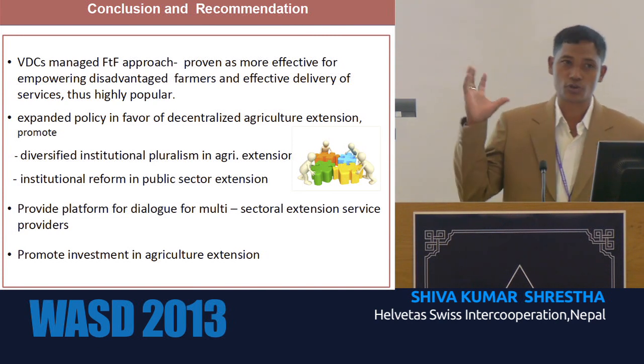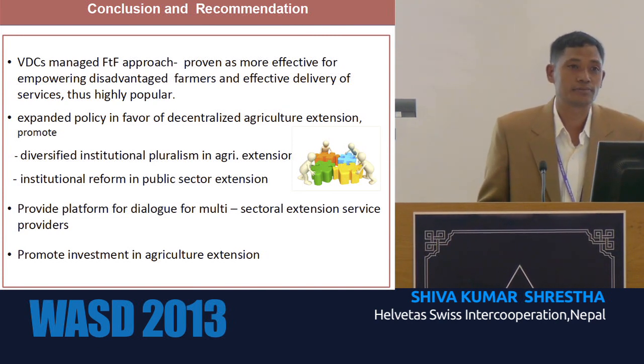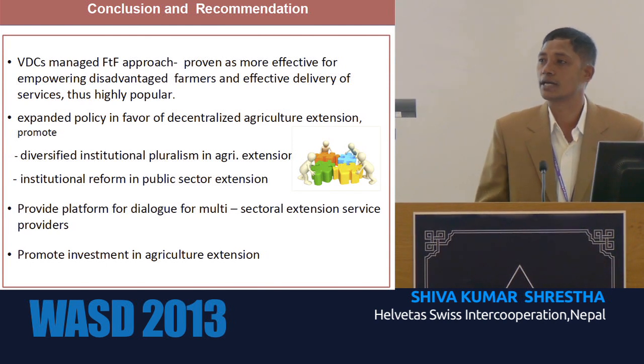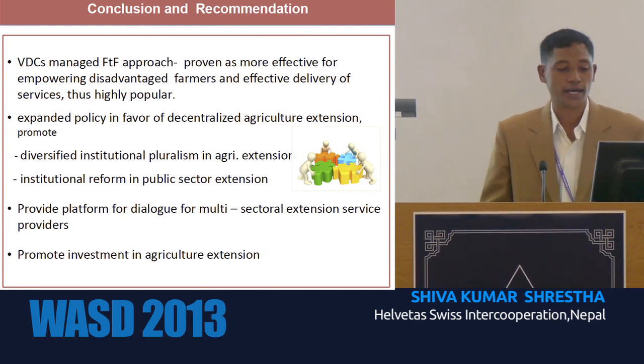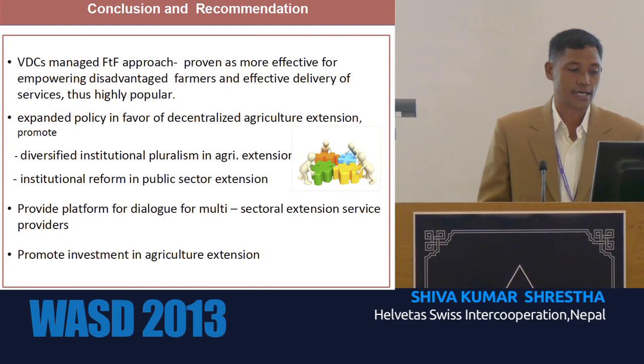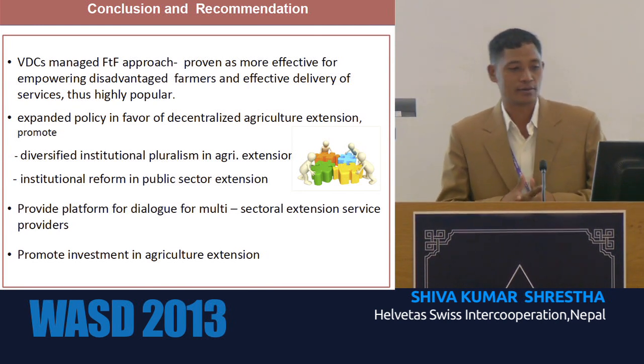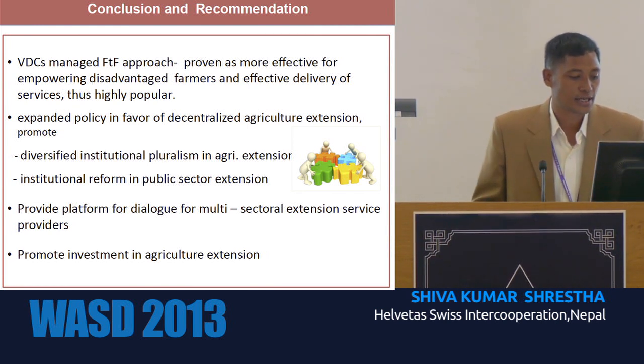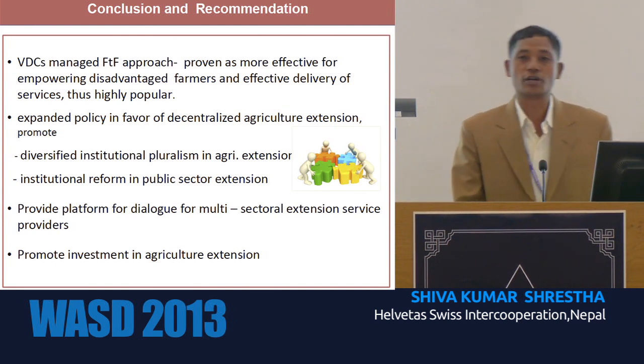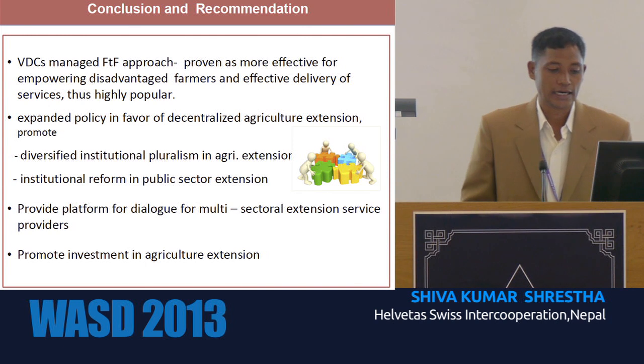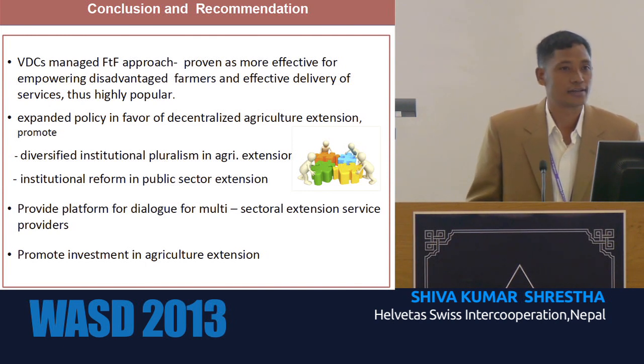In conclusion, this approach is a very effective approach for the dissemination of agriculture technology to rural areas. And for this, I have some recommendations to the government: there is a need to formulate a congenial policy for the poor, and diversified institutional pluralism in agriculture extension is very necessary.